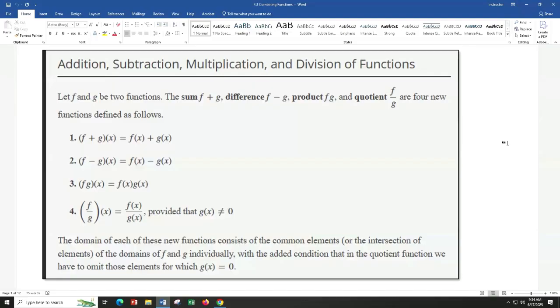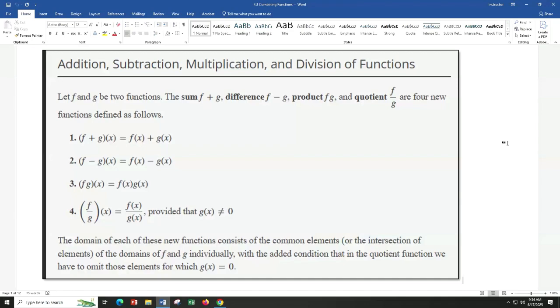Well, we can do all these things. So when you see f plus g of x, it's actually just saying, I have this function here, and I have this function here, and I'm going to add them together. I'm going to do the same thing when I subtract them. I'm going to do the same thing when I multiply them. I'm going to do the same thing when I divide them.